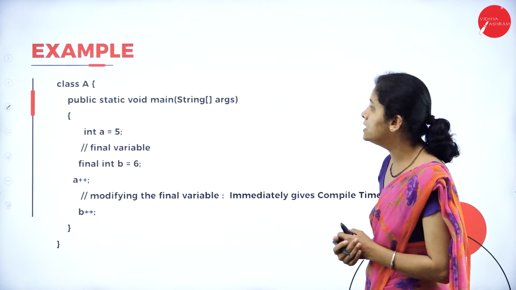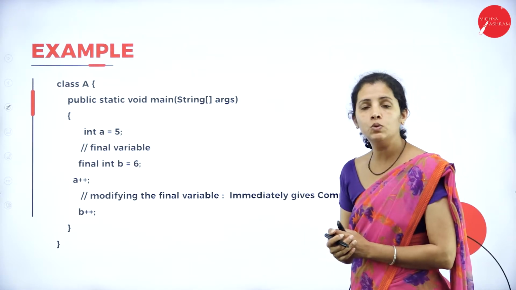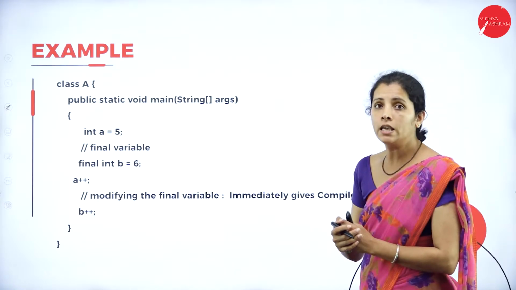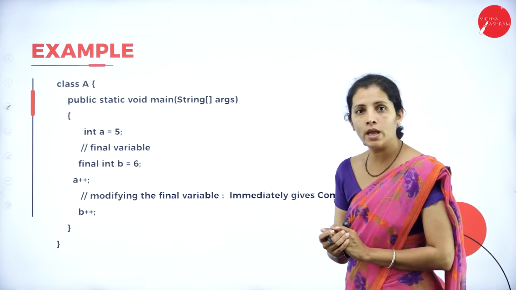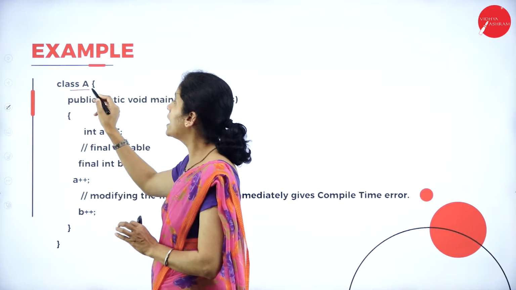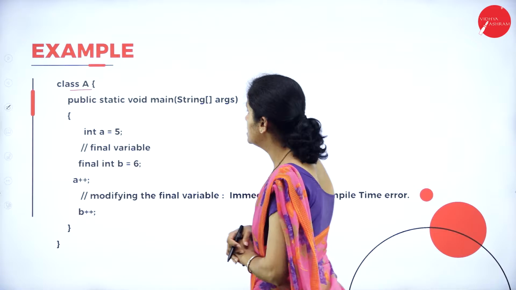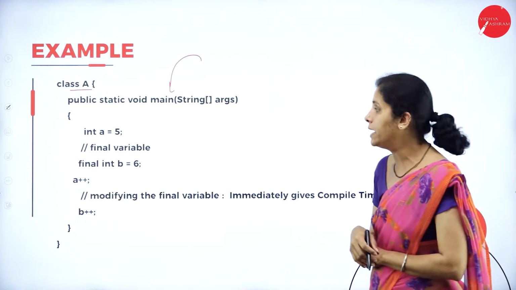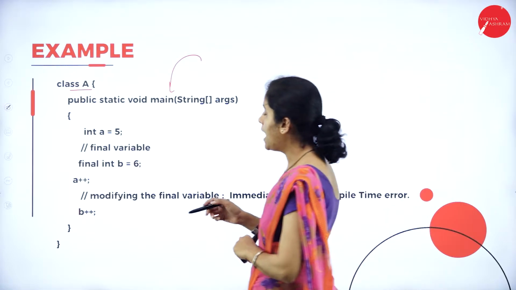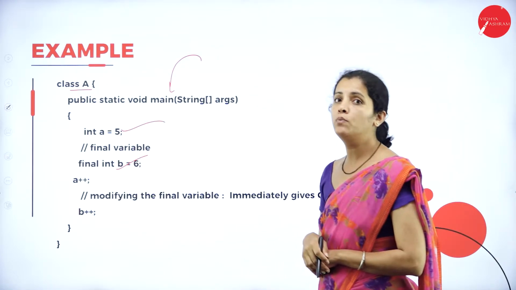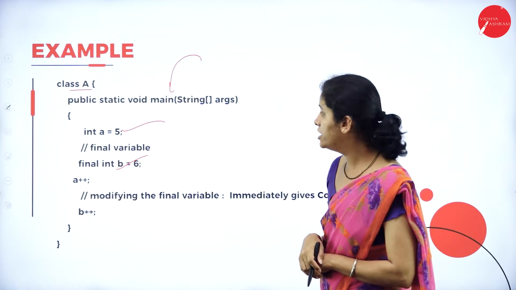Dear students, this is a simple program used to illustrate the use of the final keyword with respect to a variable. What is my class name? A is my class name. Inside this, I have a method called main, and here I have two variables A and B, both of type integer.